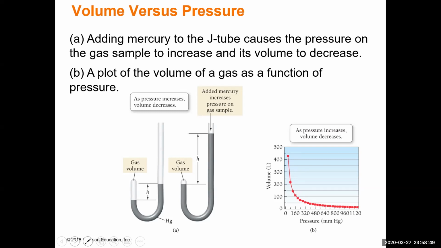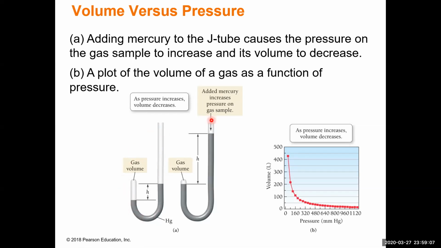So if we look at a J-tube, we see that if we're adding mercury in part A to the J-tube, what ends up happening is that causes the pressure of the gas sample to increase and its volume to decrease. So here's our initial J-tube.